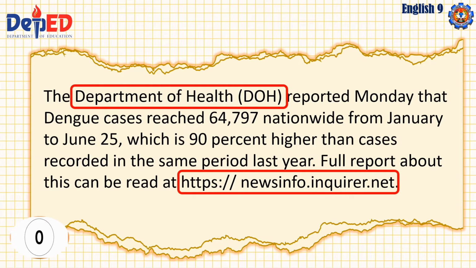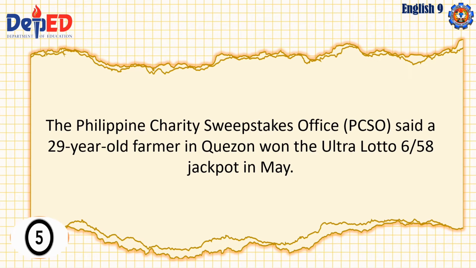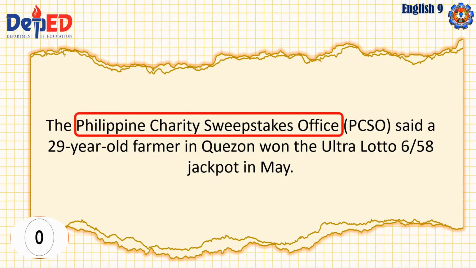Great! Let's try another one. The Philippine Charity Sweepstakes Office, or PCSO, said a 29-year-old farmer in Quezon won the Ultra Lotto 658 jackpot in May. Great!